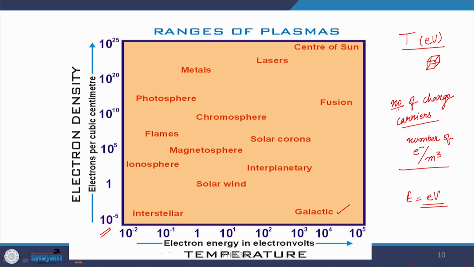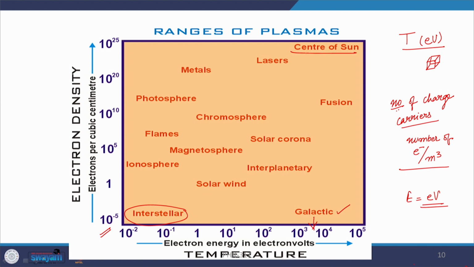The intercept on the x-axis gives you the electron energy, right. And interstellar plasma also exists in a very low energy state, and also at very low number densities, right.